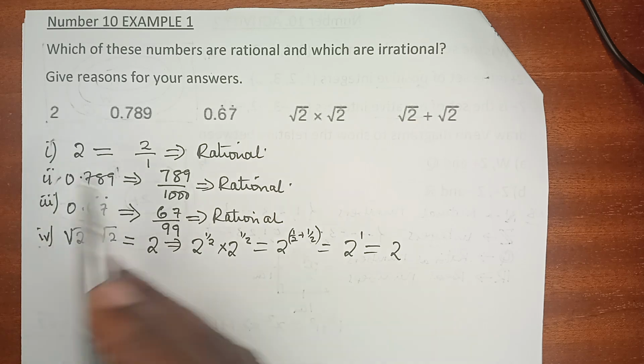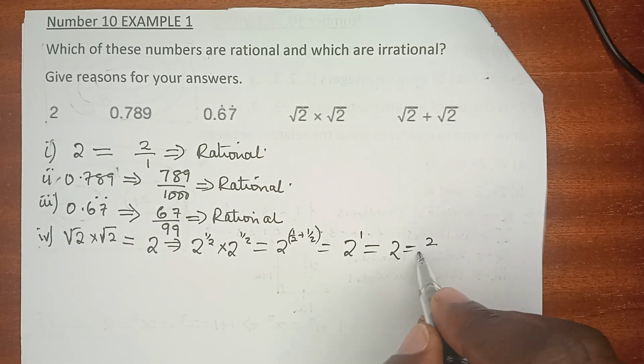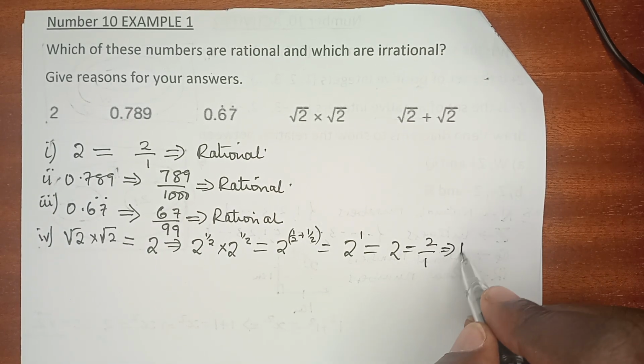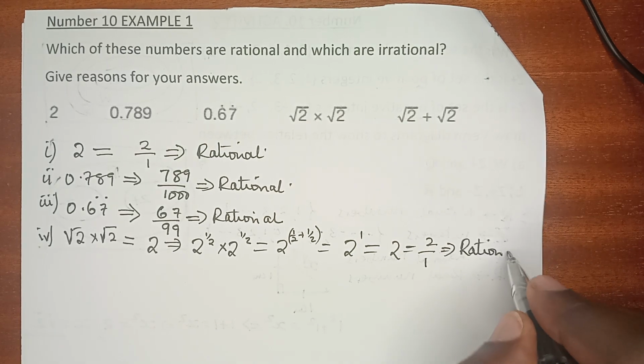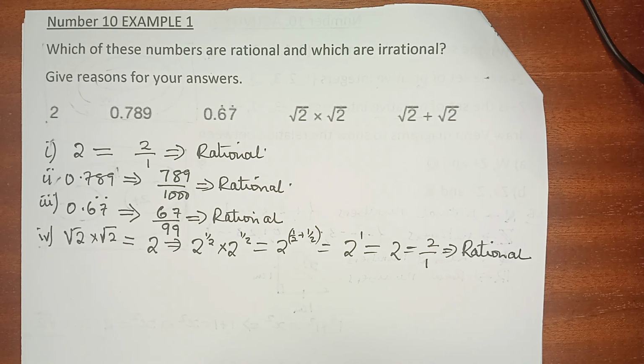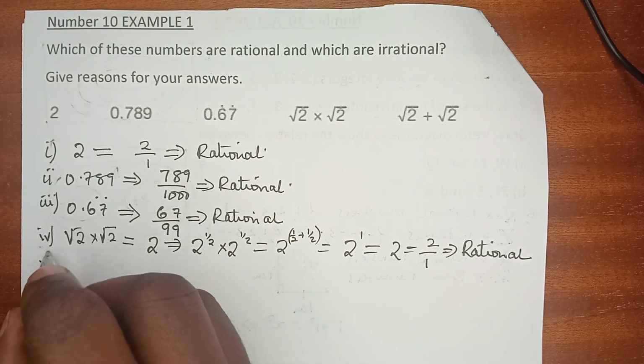It is the same as part 1, which is 2 over 1, and therefore this is also a rational number.